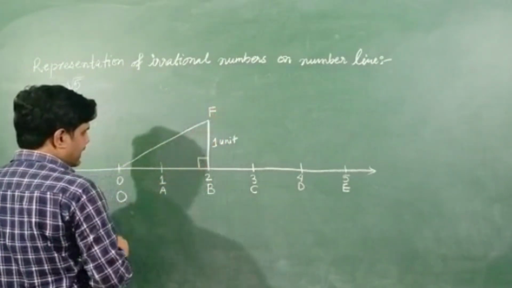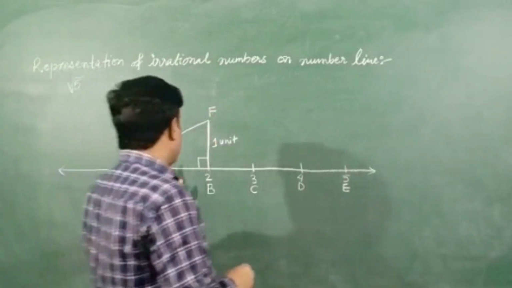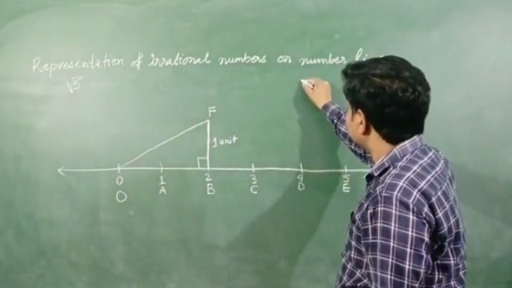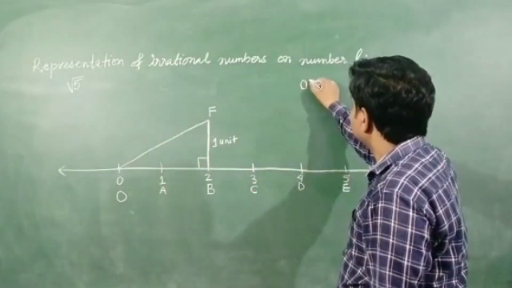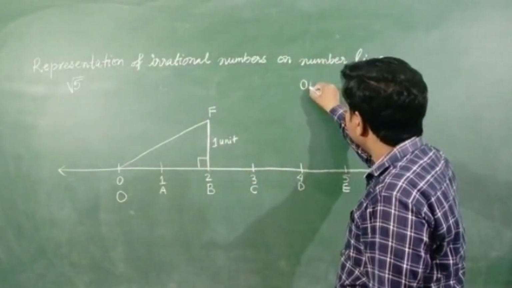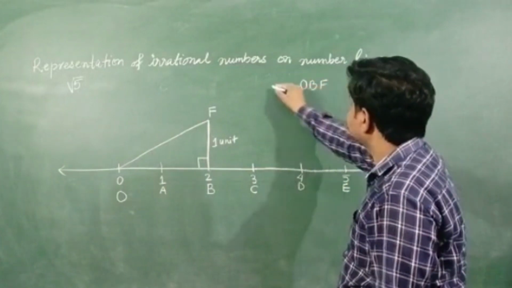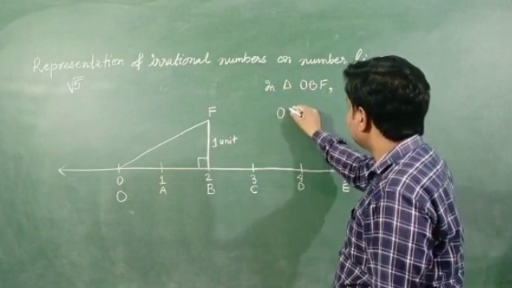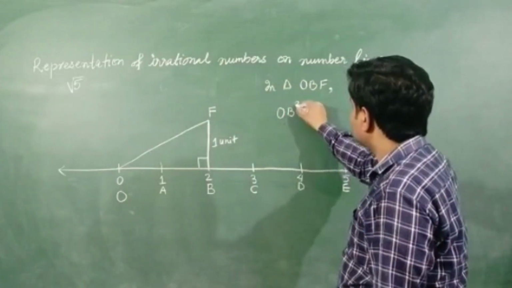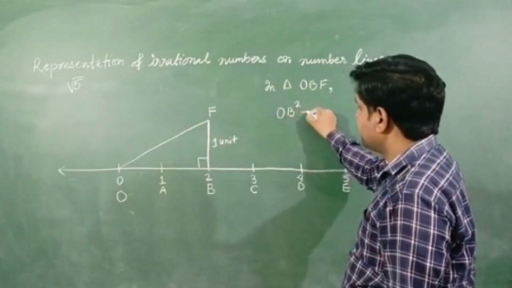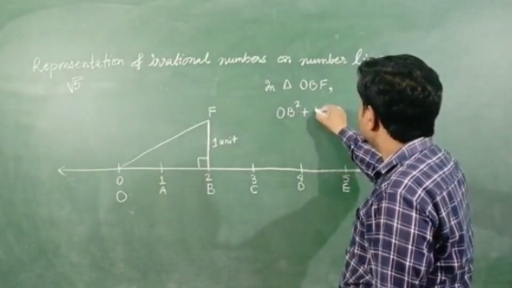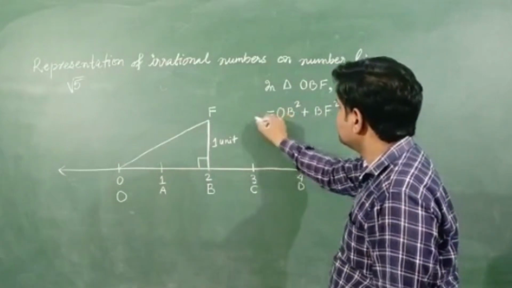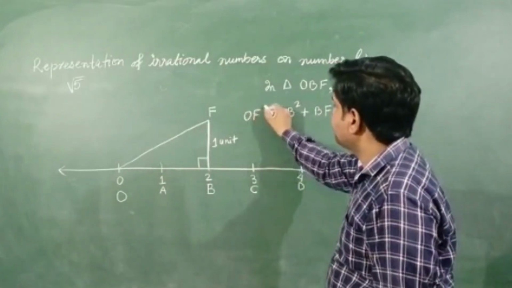Now we have got a right angled triangle. Let's represent it as triangle OBF. In triangle OBF, we have OB squared plus BF squared is equal to OF squared.